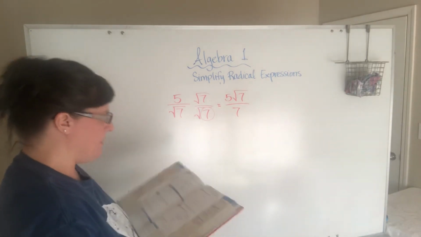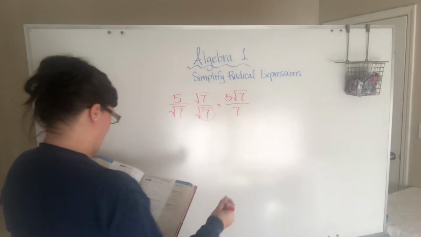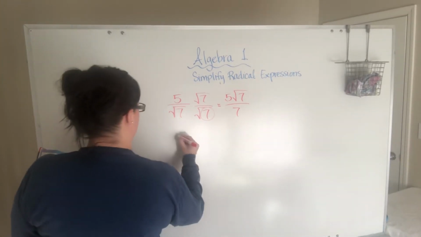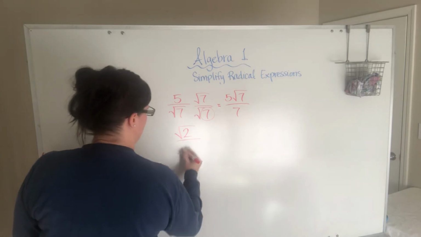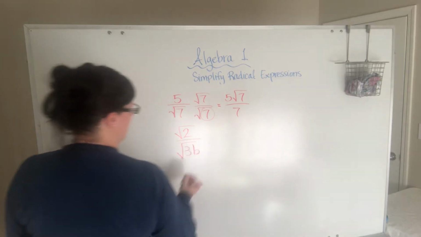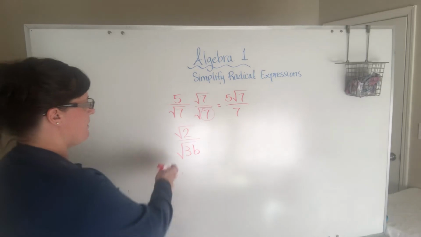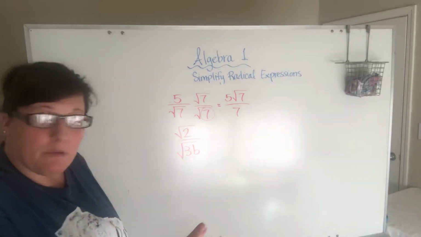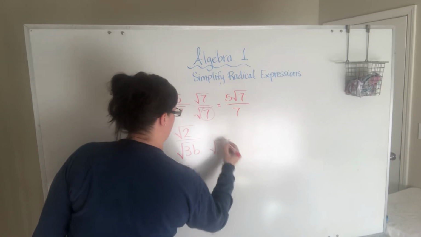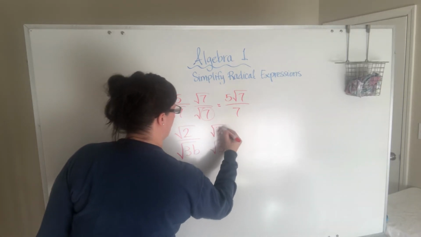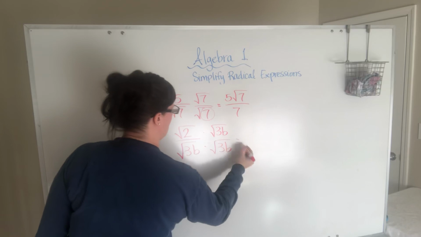If you look at little b on example 4 there, square root of 2 over square root of 3b. Again, we don't want the radical sign in the denominator. How do we fix that? We multiply it by whatever's in the denominator, top and bottom. Okay?